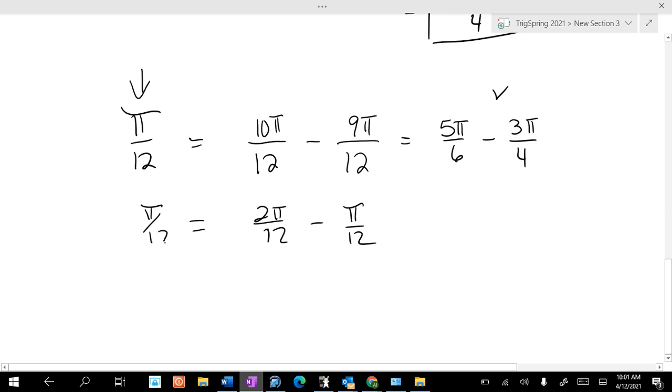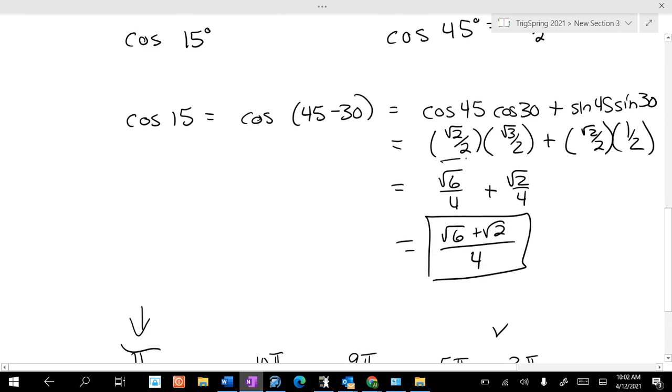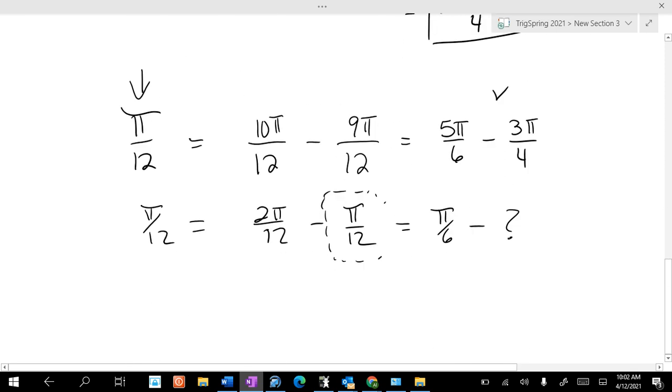Well, this equals pi over 12, and 2 pi over 12 is pi over 6. But is this on your unit circle? Since that's not on your unit circle, we can't put numbers in its place. We've got to put numbers from our unit circle in its place. See how we did that?